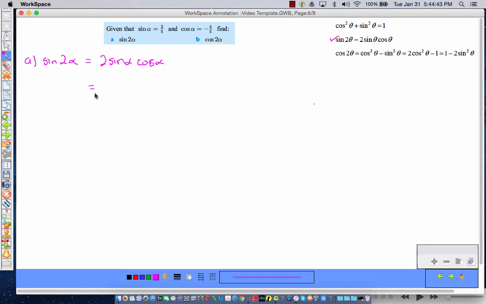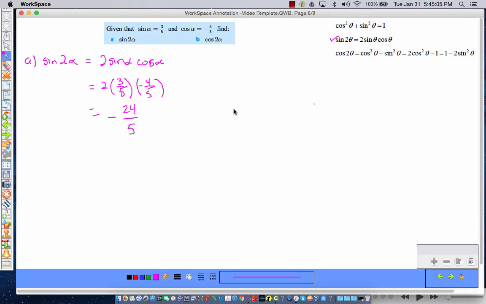So this would be 2 times 3/5, and the cosine of alpha is -4/5. And if we clean that up, we get -24/25. Done.